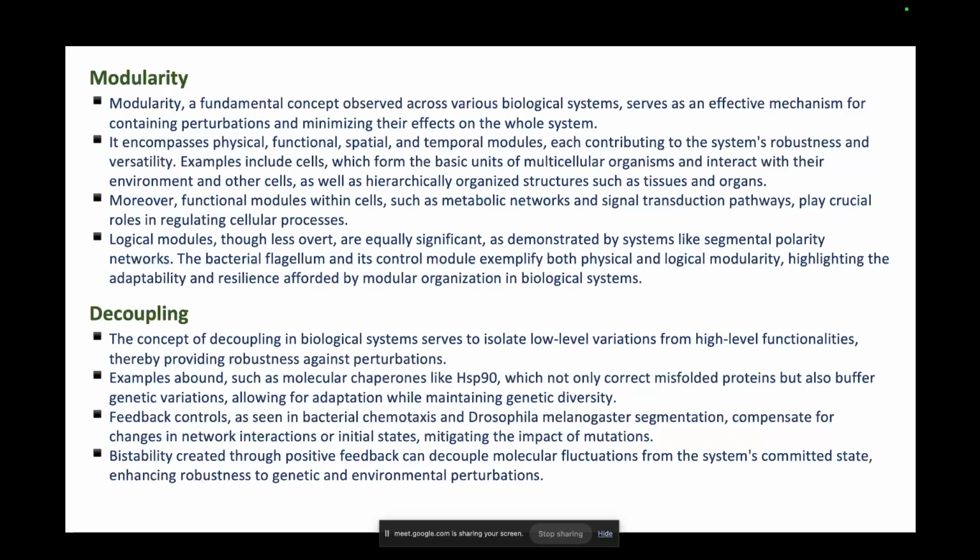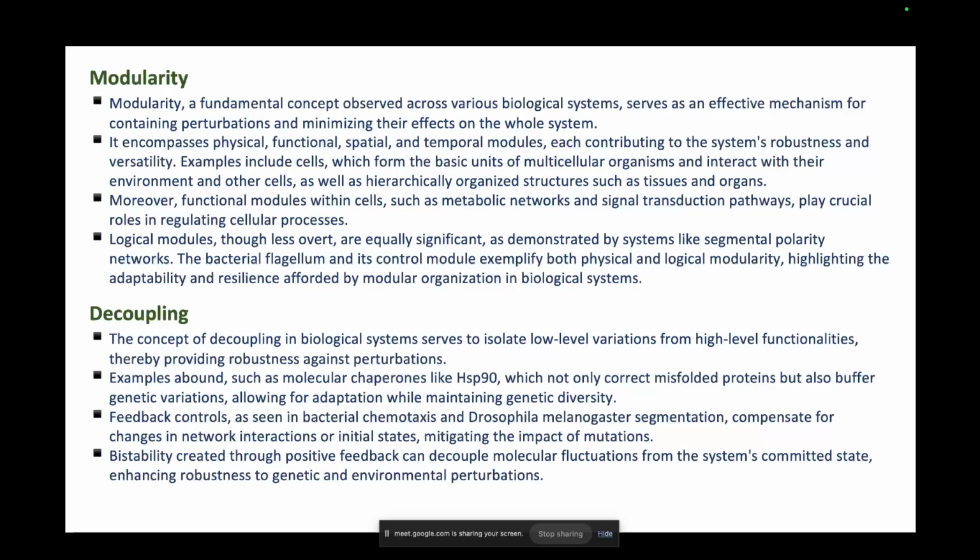For decoupling, the idea is basically that you can isolate the low-level variations from high-level functionalities. It's a bottom-up approach. You have various elements and compounds at your low level, and you have a certain functionality at your high level. For example, the functionality is movement of a hand.